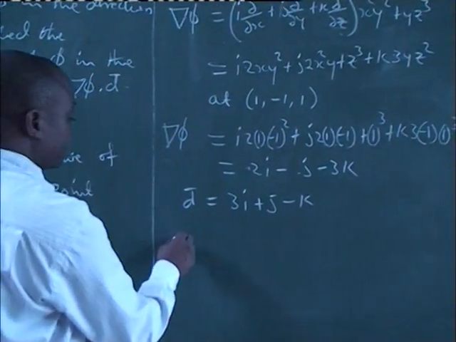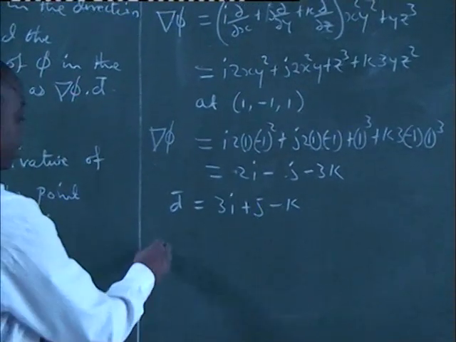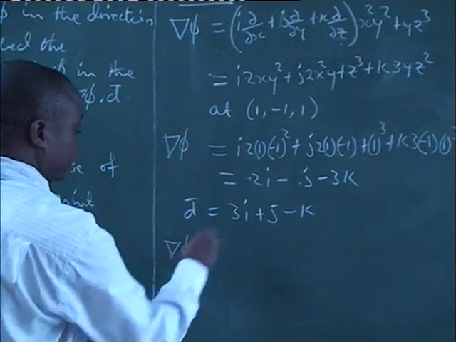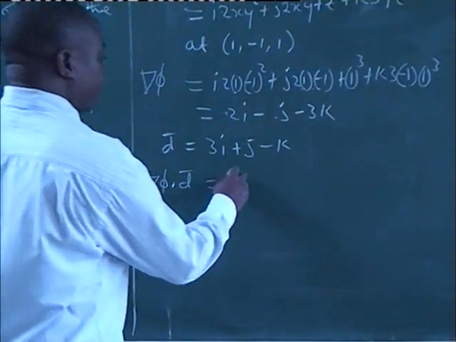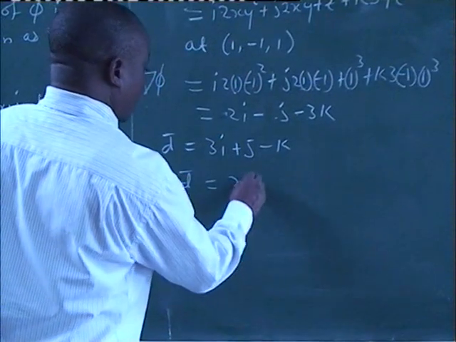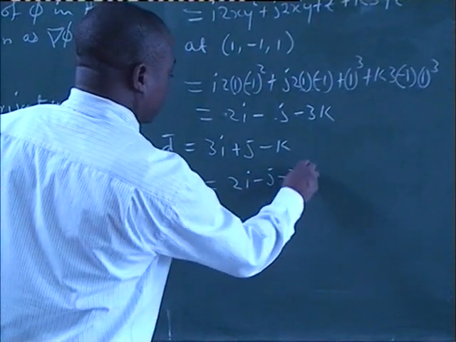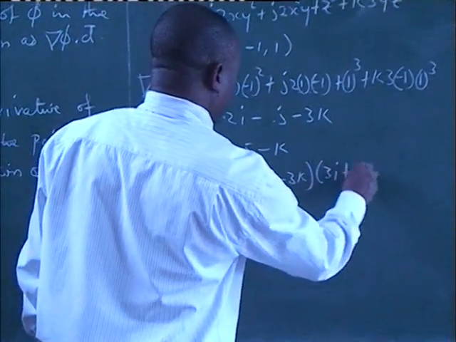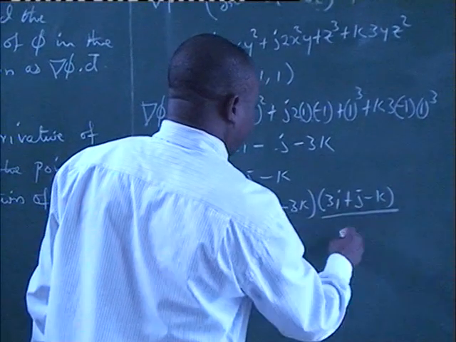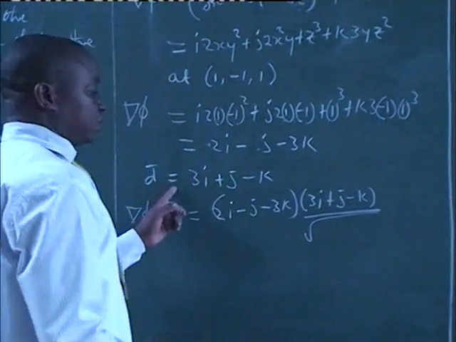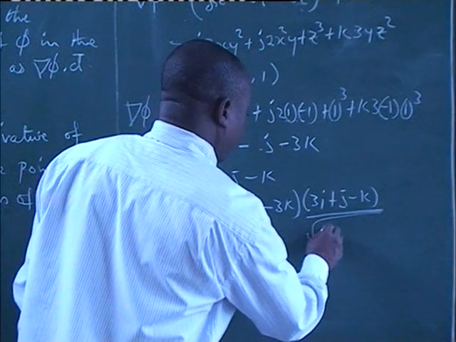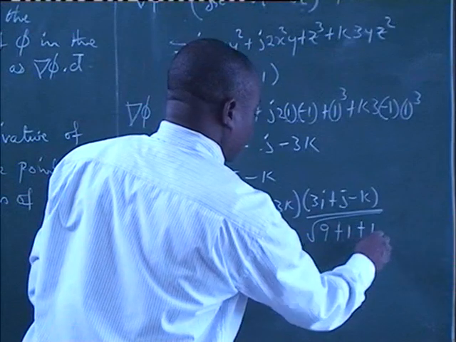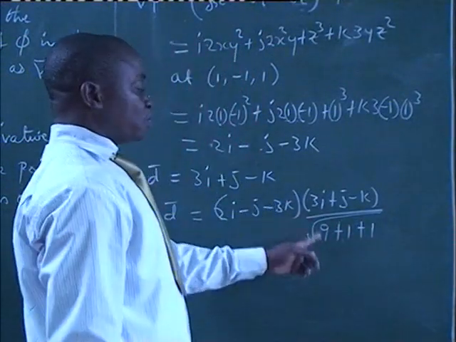And we say that for us to get the directional derivative, that is del phi times vector d, we have 2i minus j minus 3k times 3i plus j minus k divided by the magnitude of d. So which is, we have, this will be 9 plus 1 plus 1, because you know what we have, 3 squared, 1 squared.